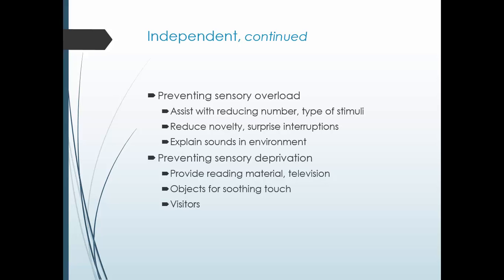You also want to encourage earplugs if they are in an environment where there's lots of noise to protect their ears. Also encouraging them to use dark glasses with UV protection that protects against UVA rays as well as UVB rays.